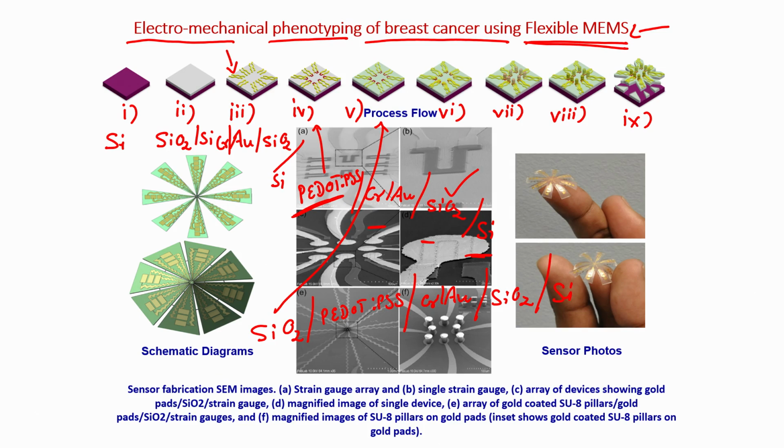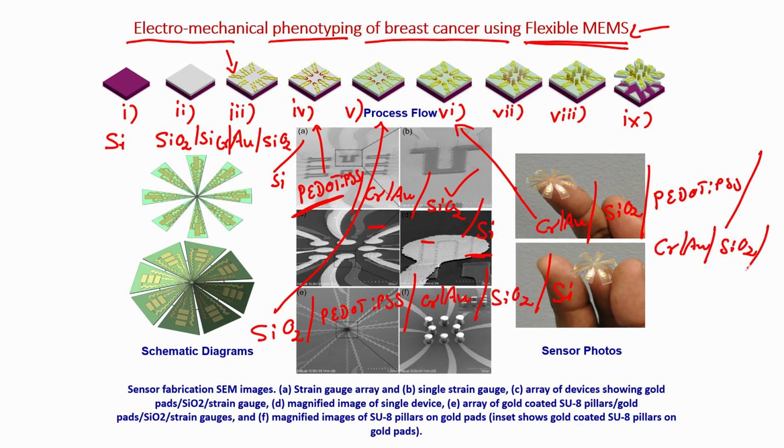Okay. Next step, which is the sixth step, now we have gold electrodes. So, we have chrome gold on silicon dioxide on PEDOT:PSS on chrome gold on silicon dioxide on silicon. Right.